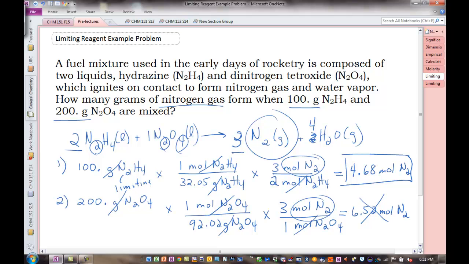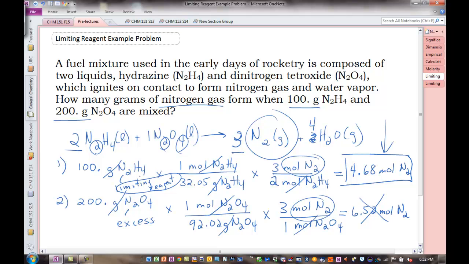Therefore, it is our limiting reagent. Okay? So N2H4 runs out, reaction stops at 4.68 moles of product. We would then say that N2O4 is in excess.